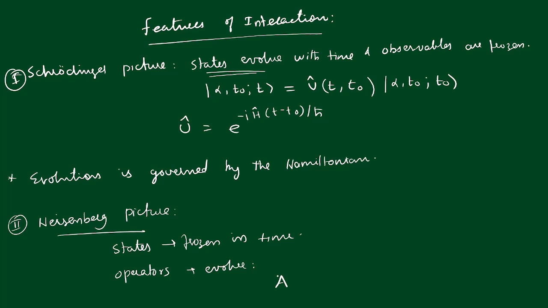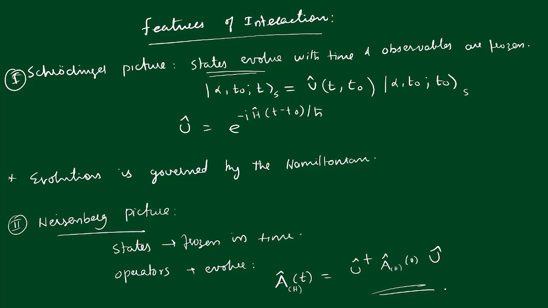We know that A of t is equal to, in the Heisenberg picture, and in the Schrodinger picture, I think I should write subscript S here to avoid confusion. A_H of t is equal to U dagger A_S at time 0, which is also equal to A_S at all times. This is how the operators evolve.